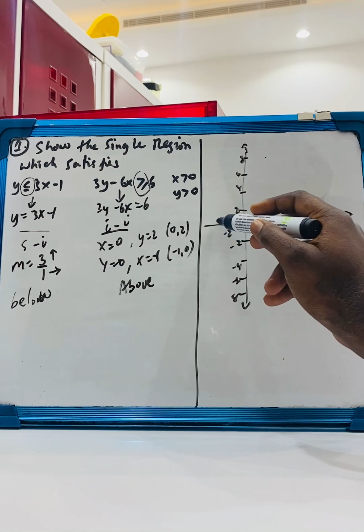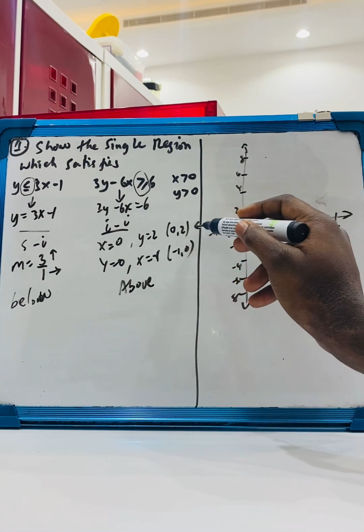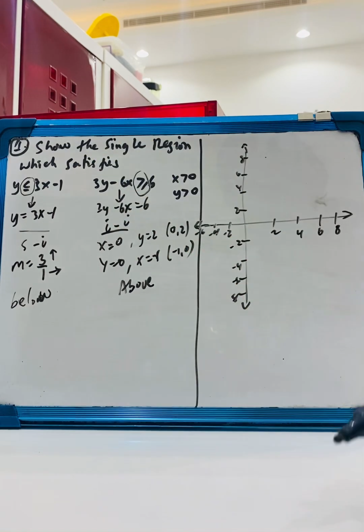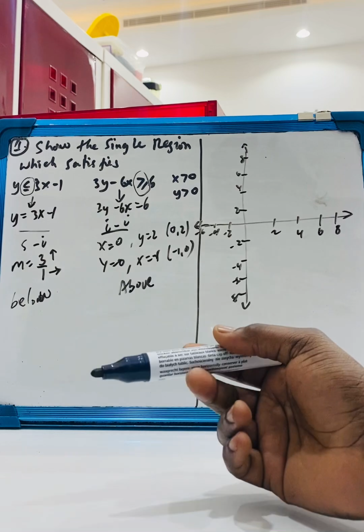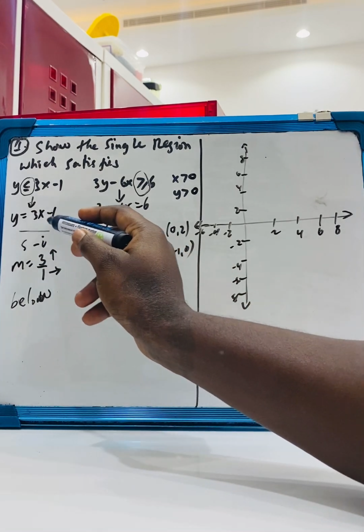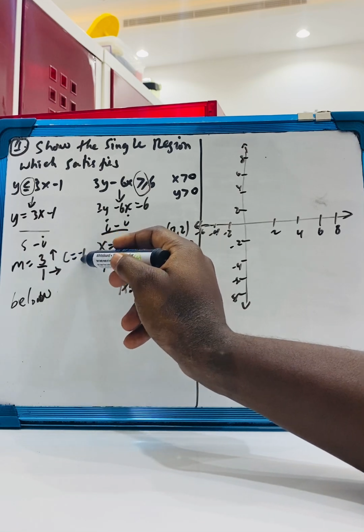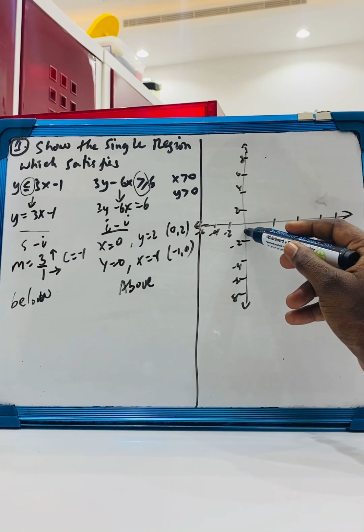I can put negative 2, negative 4, negative 6 keeps going. So if I want to graph the first line using the slope intercept, I will always start from the intercept. The slope is 3/1. My intercept here is c, which is negative 1. So I have to go to the y-intercept negative 1 somewhere here.